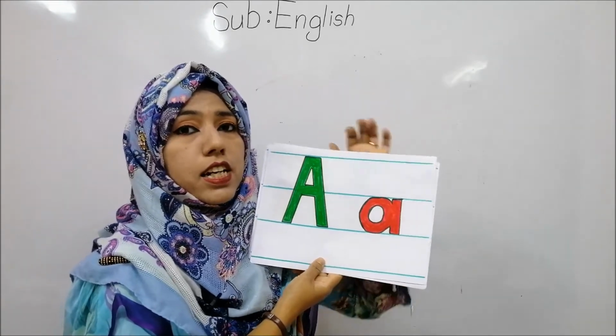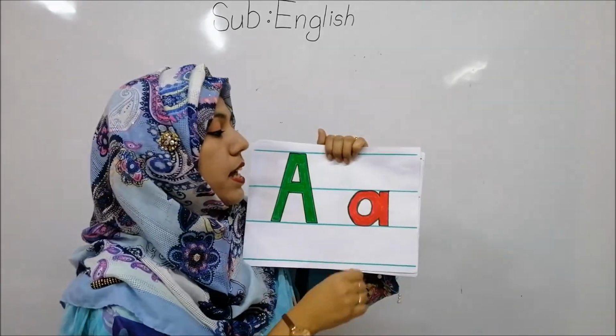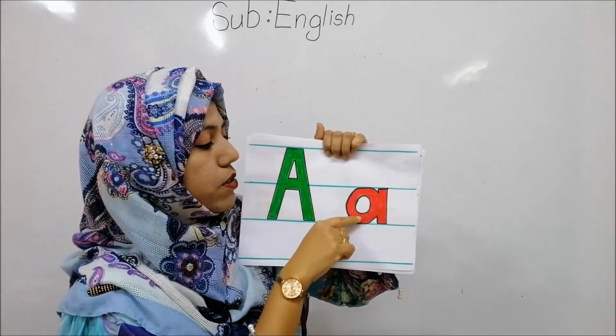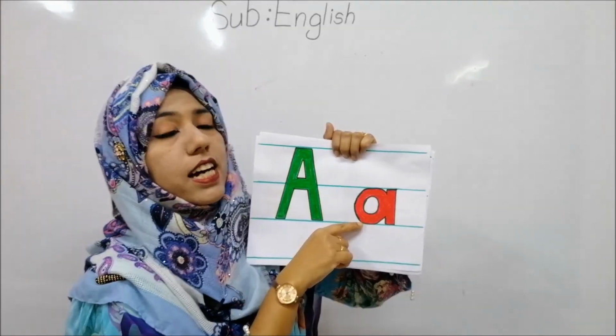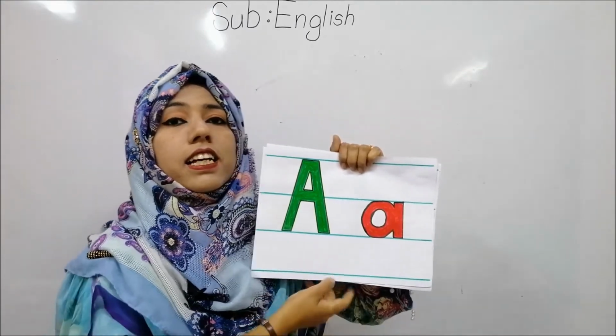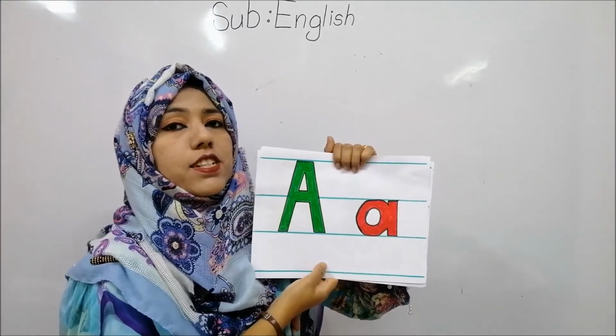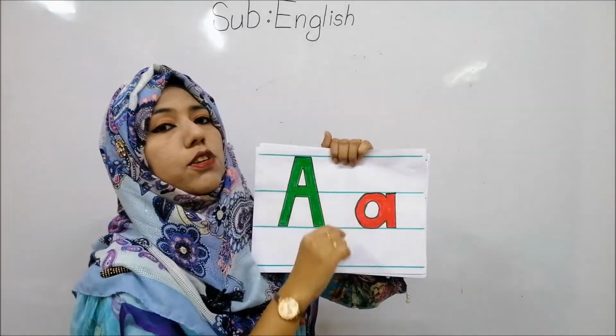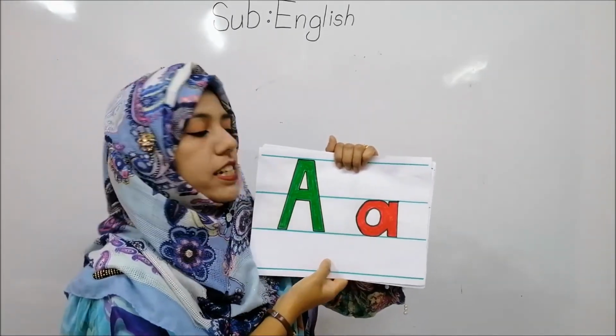The letter which we write in the middle row, that means we start from the second line and go down and touch the third line, these are short letters, okay? The letters that we write in the middle row are short letters.